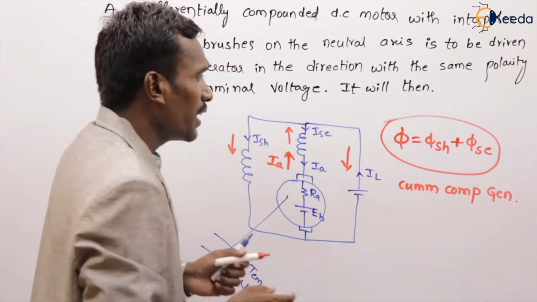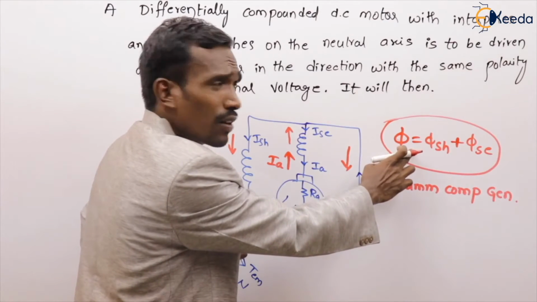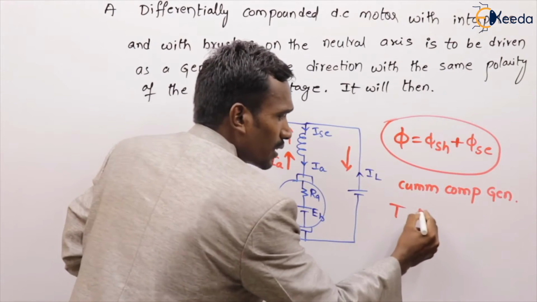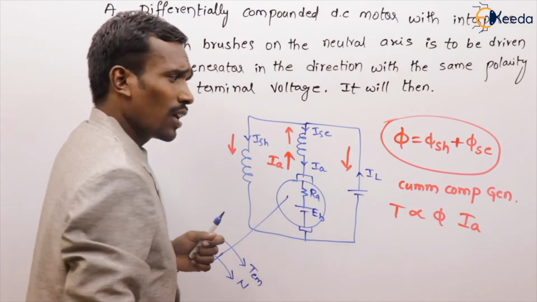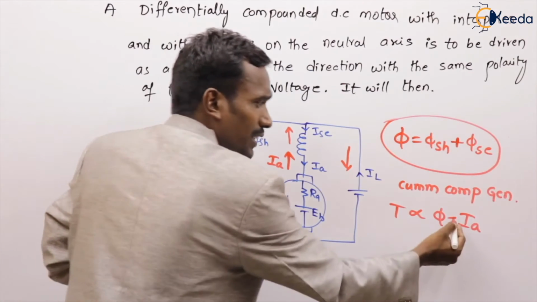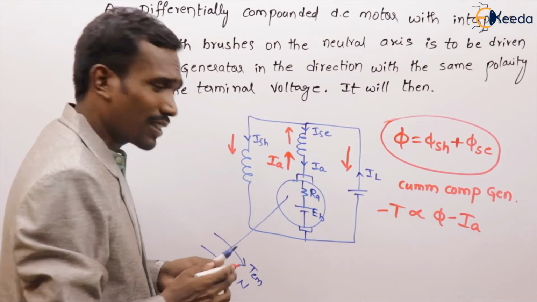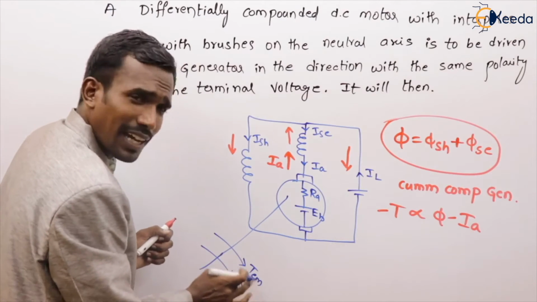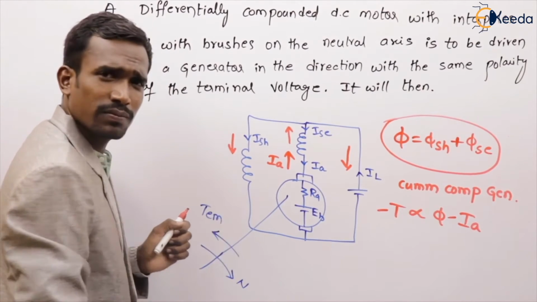And see here, the flux is positive only. We know that torque is directly proportional to phi into Ia. The flux is positive only, but the armature current reversed. When the armature current reverses, the torque also reverses. The electromagnetic torque is in this direction.